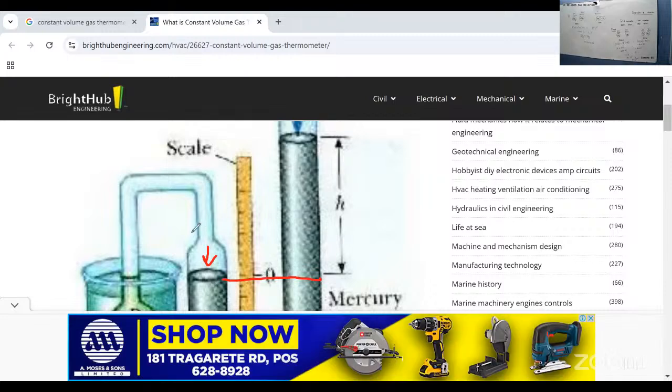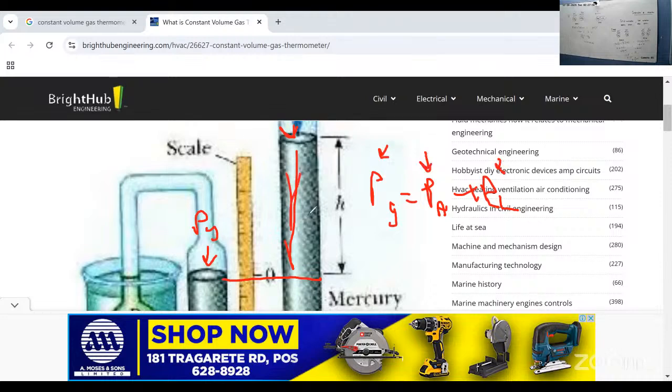So therefore, the pressure of the gas here is equal to the pressure of the liquid here plus the pressure of the atmosphere on top. So we find the pressure of the gas by adding atmospheric pressure and the pressure of the liquid.